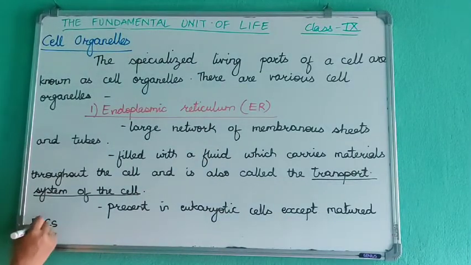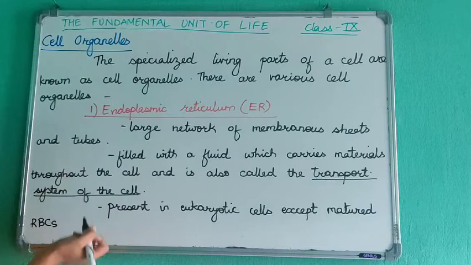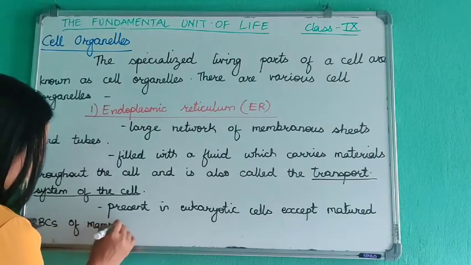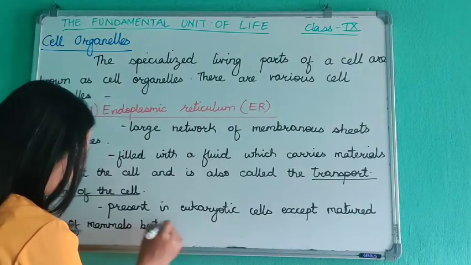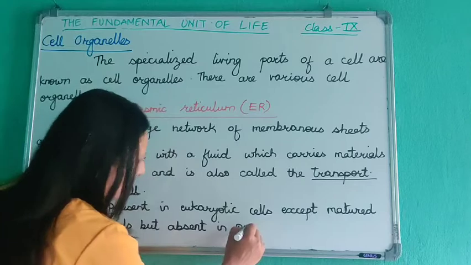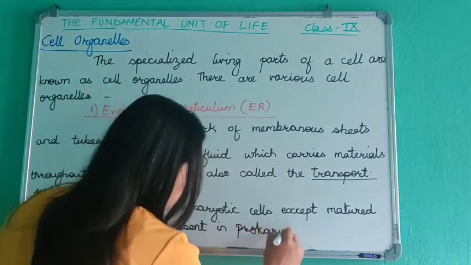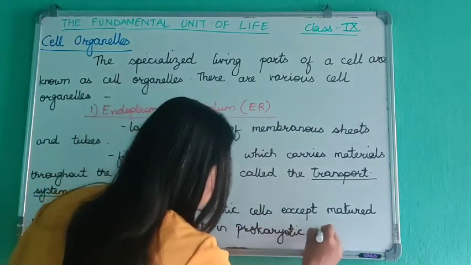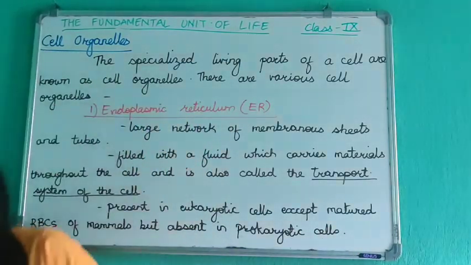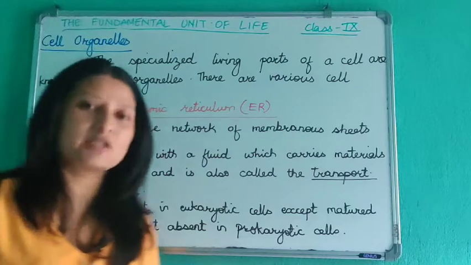RBC stands for red blood cells, red blood corpuscles. Okay, matured RBCs of mammals, but absent in prokaryotic cells. So endoplasmic reticulum is absent in prokaryotic cells, and present in eukaryotic cells.